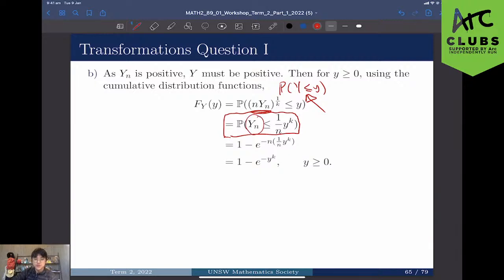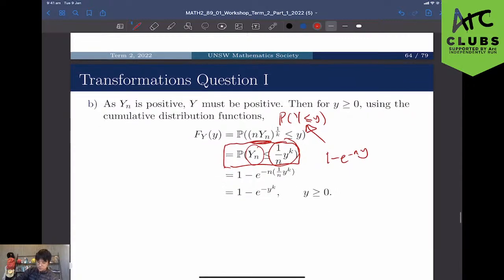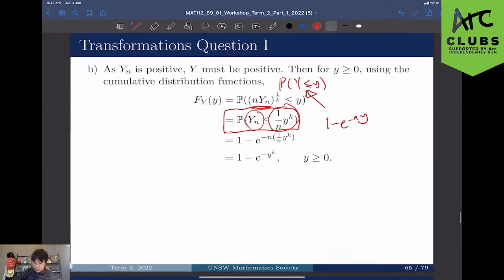And since we know what the distribution of Yn is, we can sub this value into the distribution of Yn, which was 1 minus e to the power minus ny.